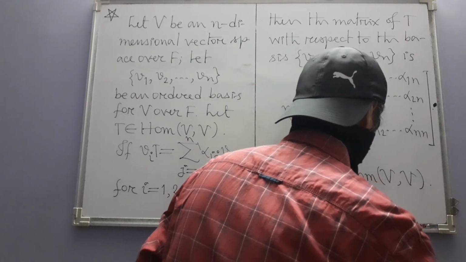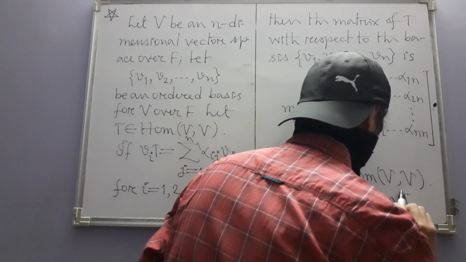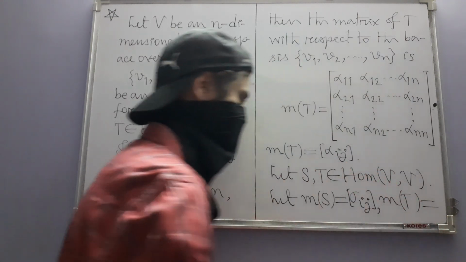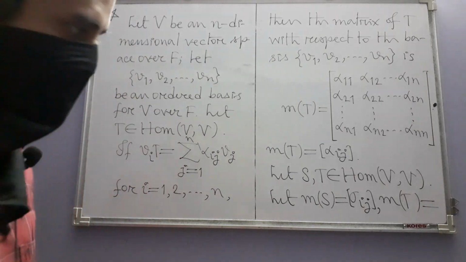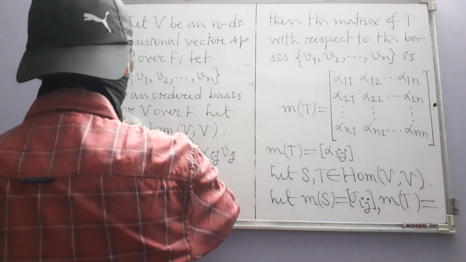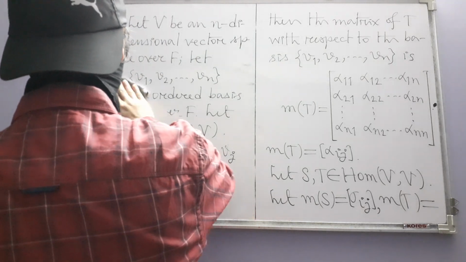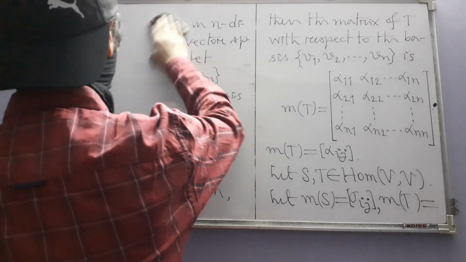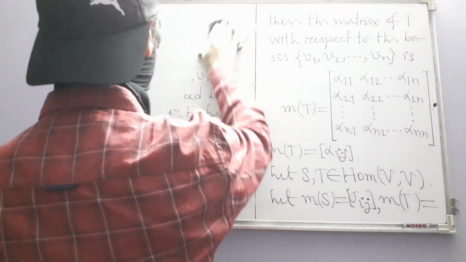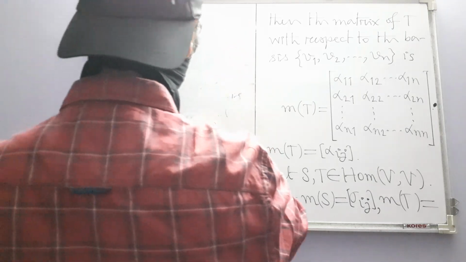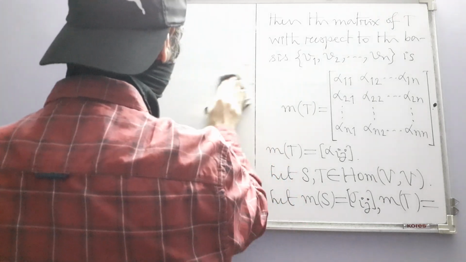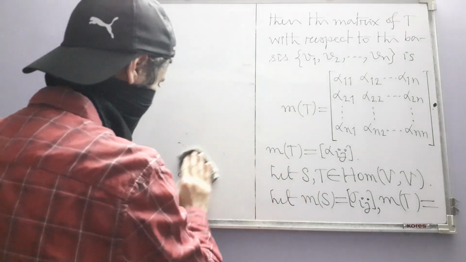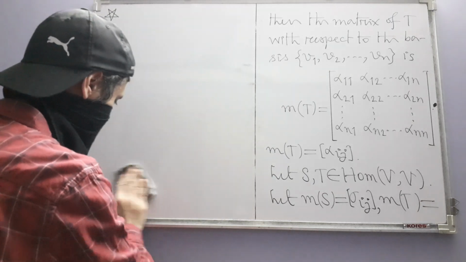And let the matrix of T be one whose ijth entry is tau ij.